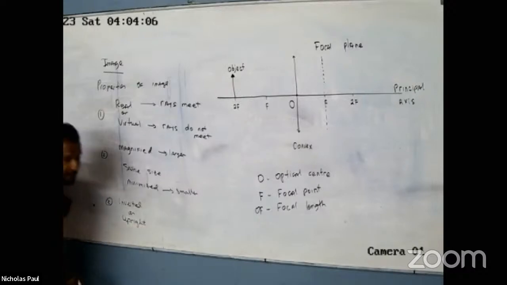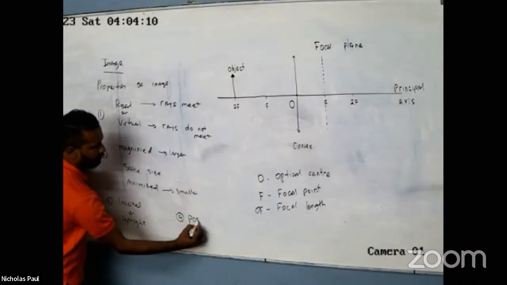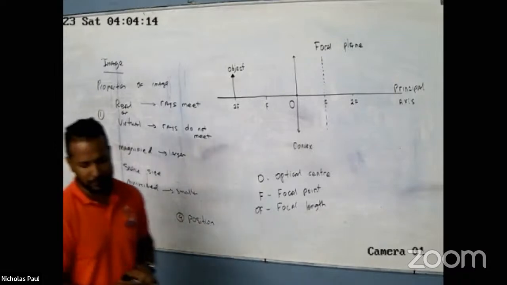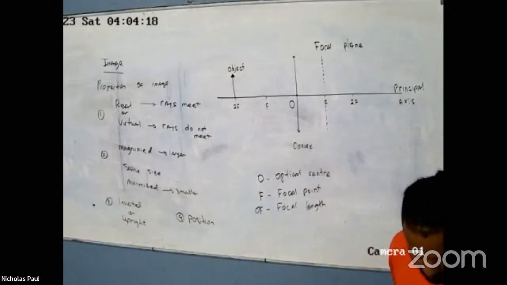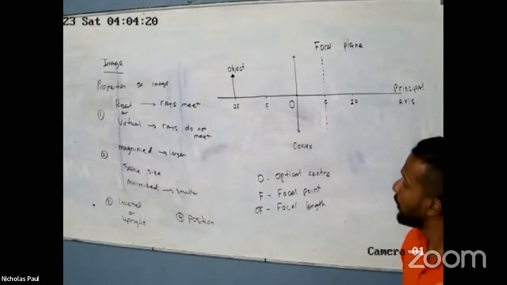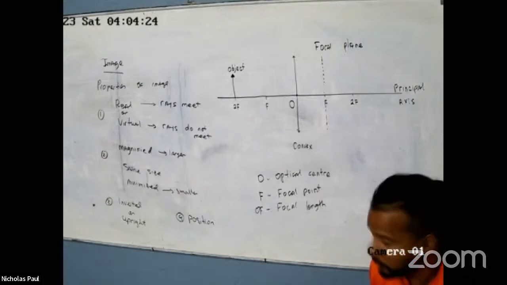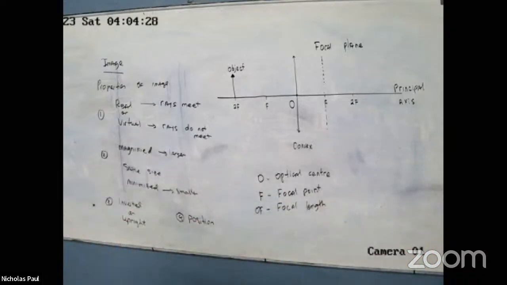And the last thing is its position. Those are the four things we need to be able to describe any image. Copy it down, and we're going to use it in our first example.